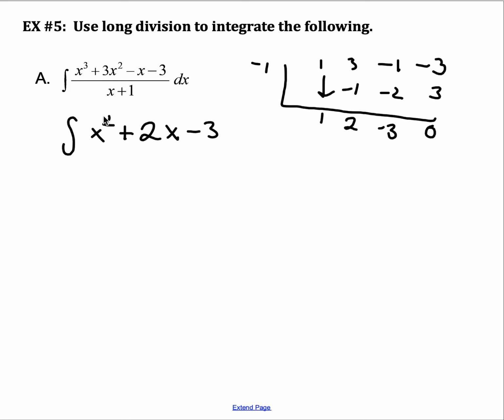And another thing to remember, since you technically factor out an x plus 1 from the numerator, now the leading coefficient should be 1 degree less. So x cubed is now x squared, and you just follow along, okay? And these are going to be the new coefficients for the term. And you guys see now that this is going to be easy to integrate.